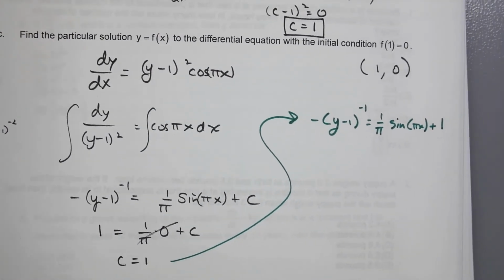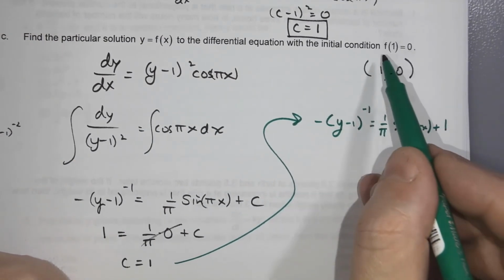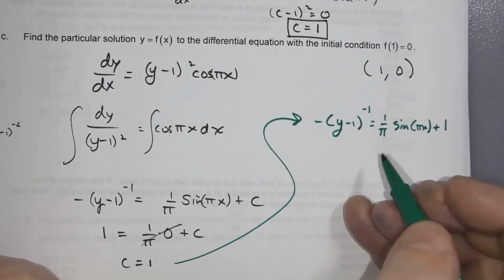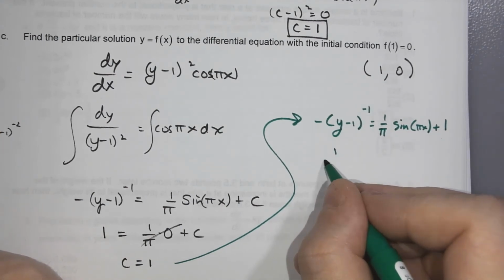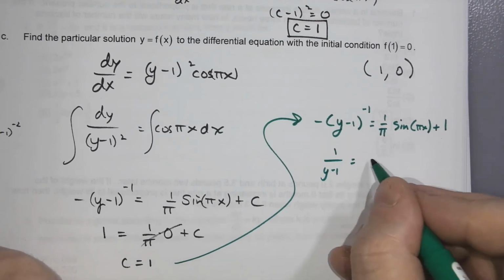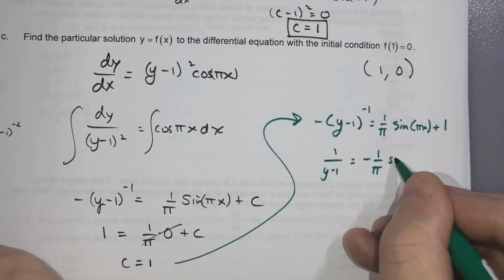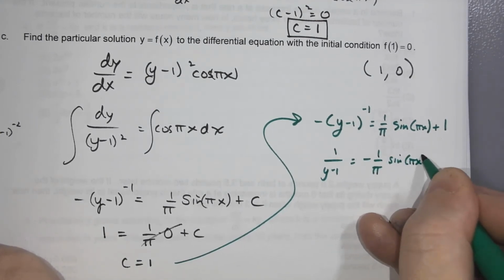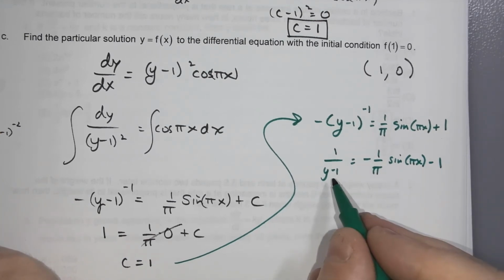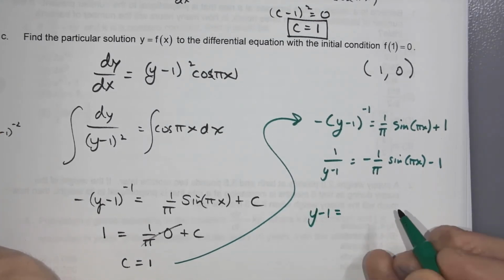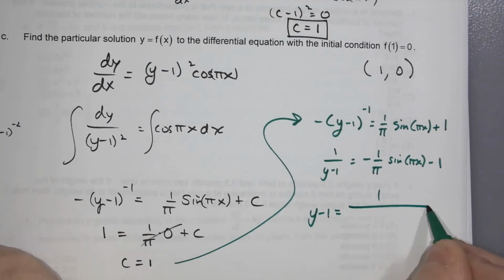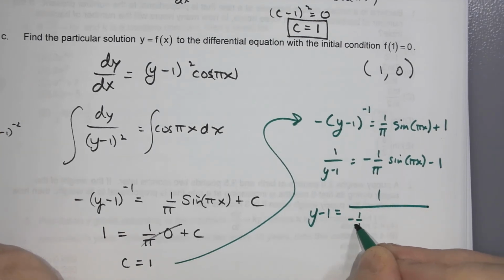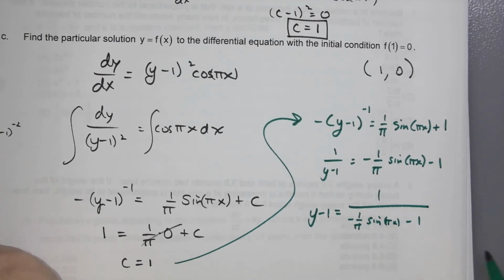So now the last thing is to isolate for f of x, to isolate the y. So multiply through by negative 1, 1 over y minus 1 equals negative 1 over pi sine pi x minus 1. Flip, y minus 1 equals 1 over negative 1 over pi sine pi x minus 1, and then add 1.